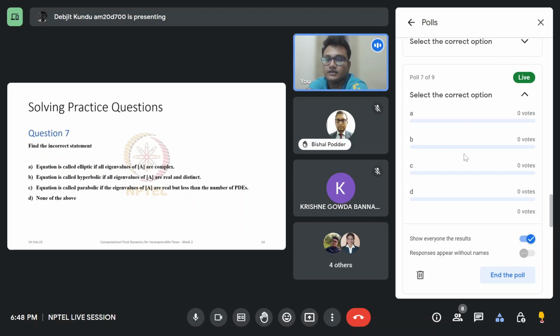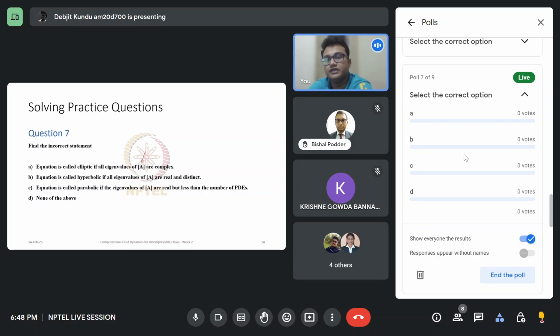Option A says the equation is called elliptic if all eigenvalues of A are complex. Remember from the lectures, matrix A is a matrix of all the coefficients of different terms in an equation. So the equation is called elliptic if all eigenvalues of matrix A are complex.